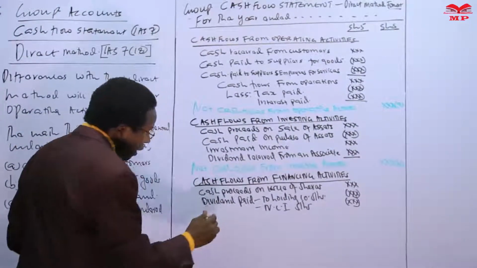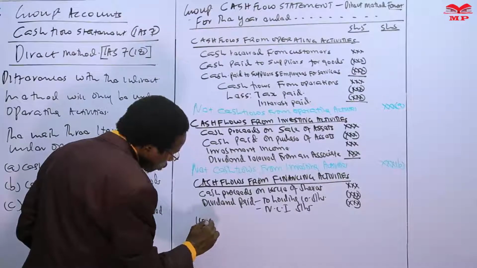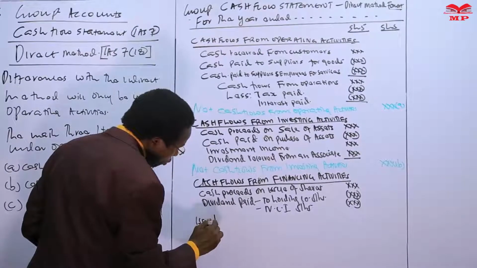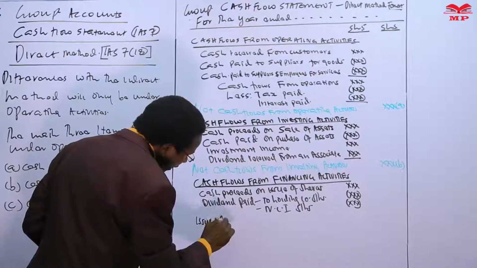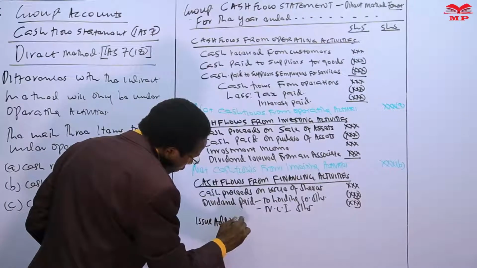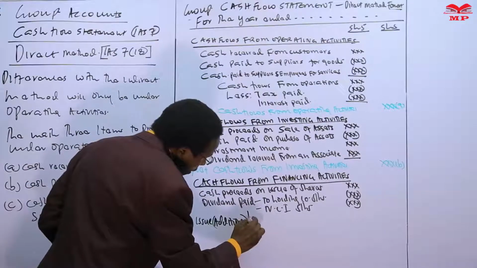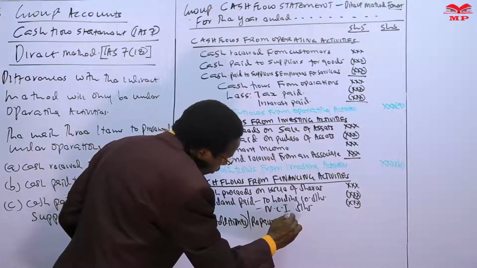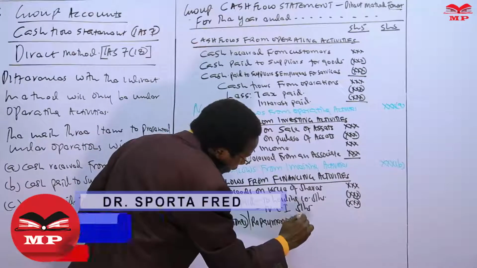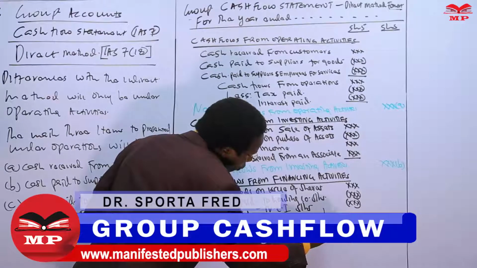Then we also have, maybe there is issue or repayment. We can call it additional, or repayment of long-term borrowings.